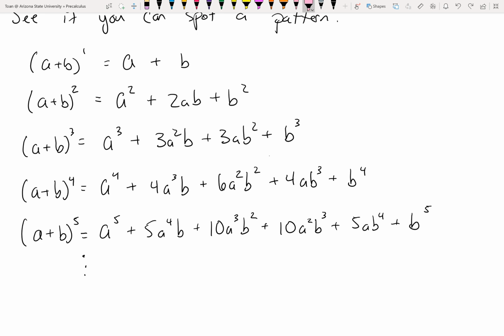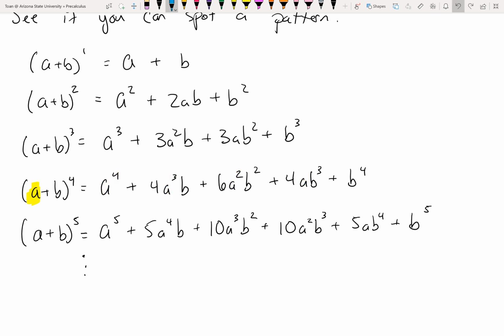Let's just choose the 4th expansion, for example, here. So I'm just going to highlight all of the a terms. Now, by highlighting, I hope it's quite obvious what the pattern is. Let's just read it from left to right. We start with a to the 4th, then go to a cubed, then a squared, a, and no more a's.